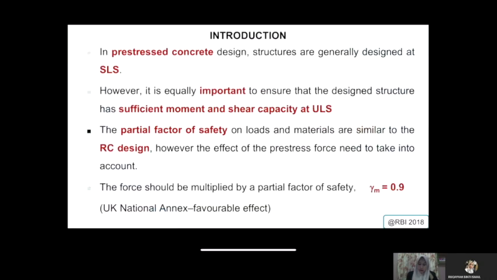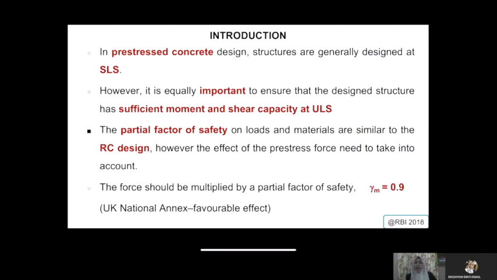Generally, as I explained before, we design our pre-stressed beam based on serviceability limit state. However, we have to ensure that the design has sufficient moment and shear capacity at ultimate limit state. So you have to ensure that.